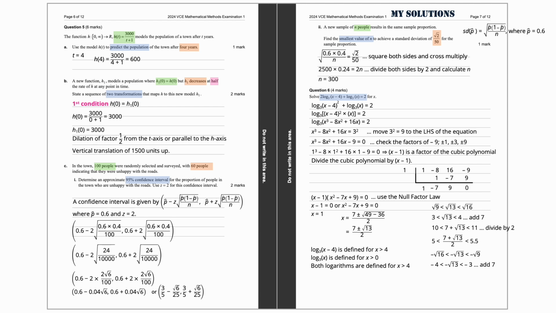We add 7, and this gives us 3 less than 7 minus root 13 less than 4. Divide the inequalities by 2, so we have this solution between 1.5 and 2. We have to discard x equals 1 and x equals (7 minus root 13) over 2, since they are less than 4.